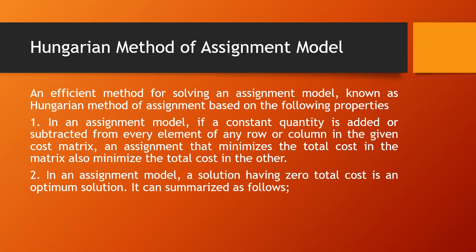In an assignment model, if a constant quantity is added or subtracted from every element of any row or column in the given cost matrix, an assignment that minimizes the total cost in the new matrix also minimizes the total cost in the original. Then 2. In the assignment model, a solution having zero total cost is an optimum solution.